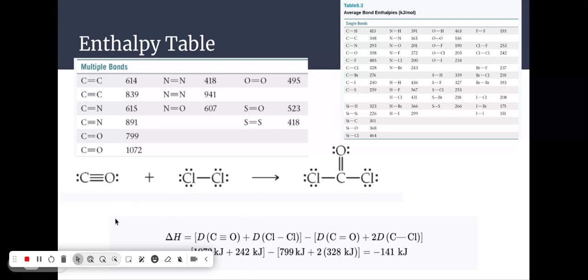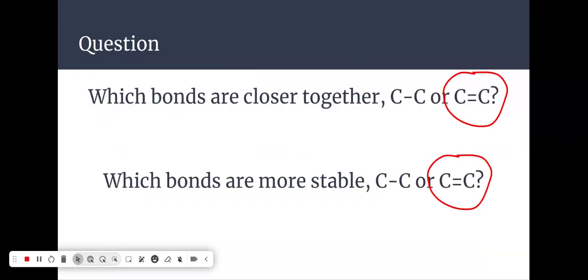For example, if you just had a single bond between 2 chlorines on this side and on this side, then you can cross them out because the numbers are going to cancel out in your equation anyways, and you don't want to confuse your equation more. So you don't have to do all of them if there are repeats. Just make sure to cross them out clearly so you don't confuse yourself, because it can make the problems much easier.